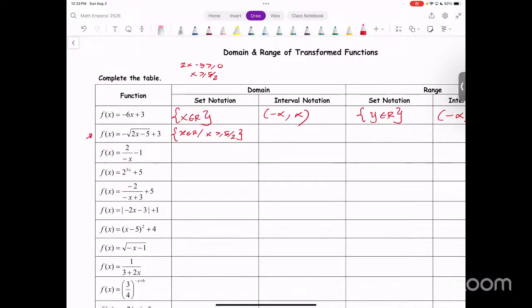Kevin, how would you write this one in interval notation, sir? I'm talking about the highlighted one. X is greater than or equal to 5/2.